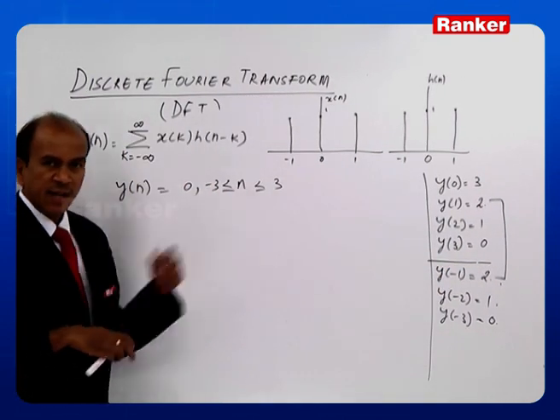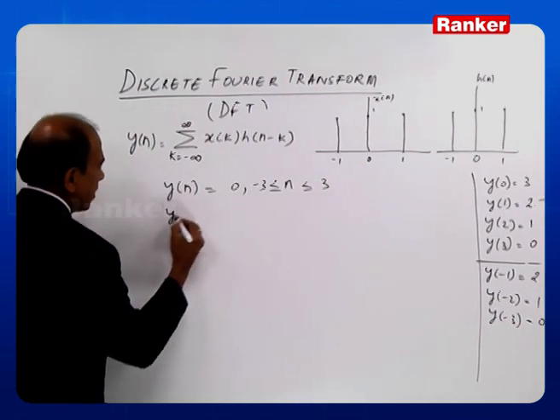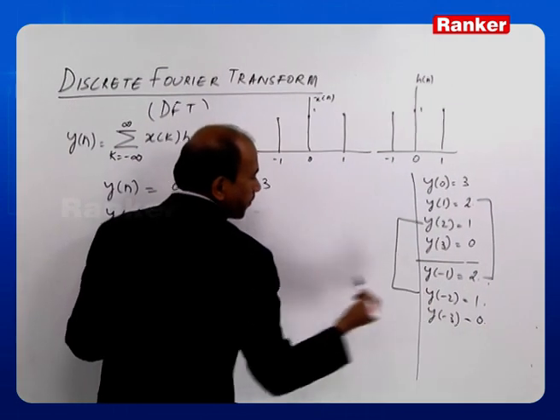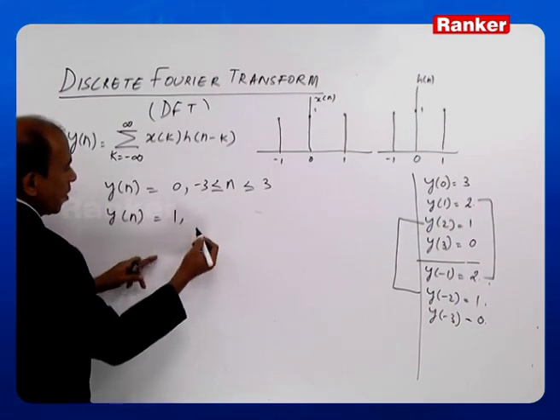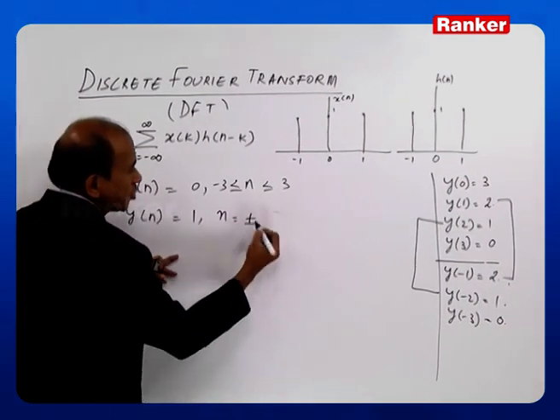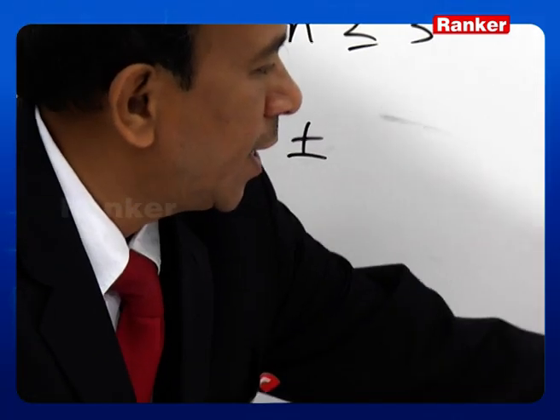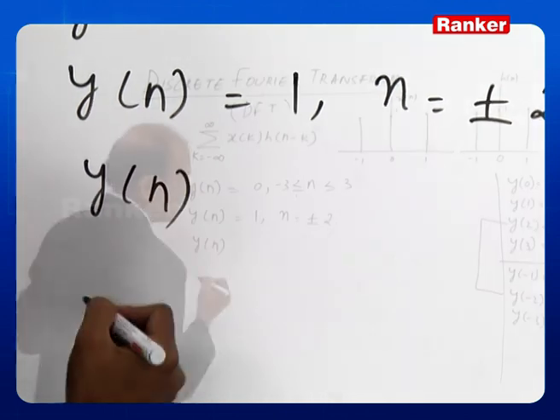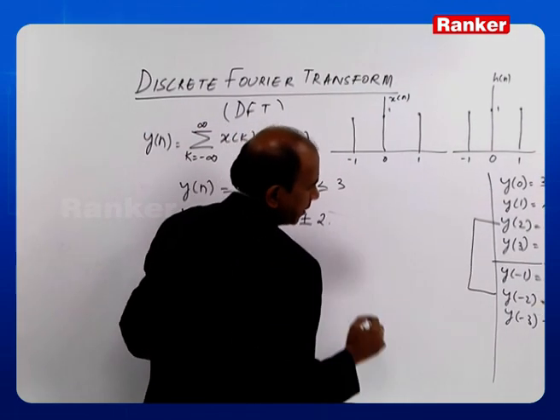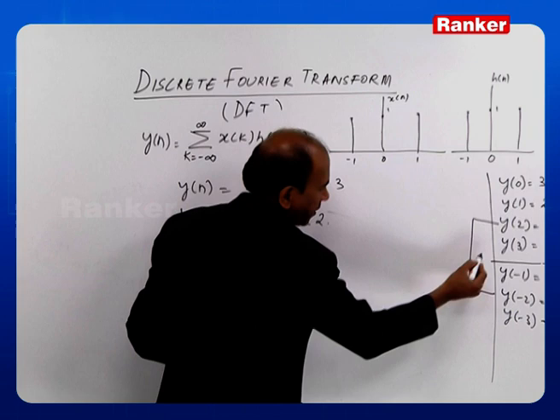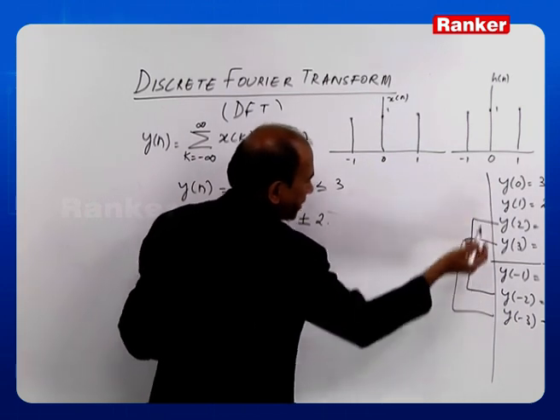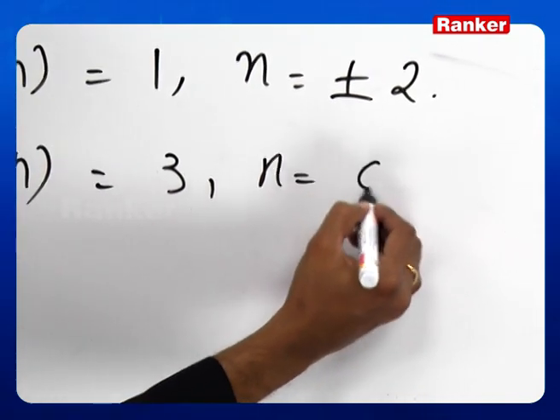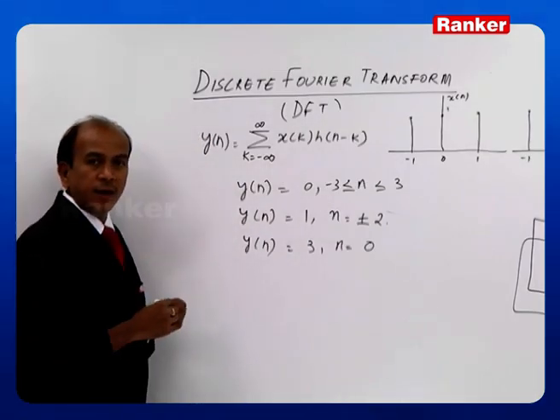Similarly, y of n is 1 when n is equal to plus or minus 2. This we have taken, this we have taken, and this also we have taken, isn't it? And y of n is equal to 3 when n is equal to 0. So, these are different values.